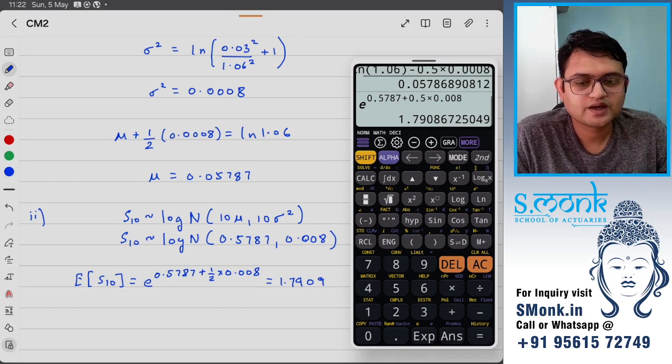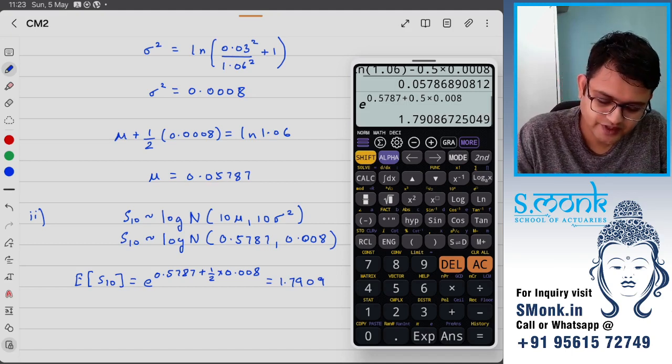Now our S10 should be 10% more than this. That is what we are trying to find.